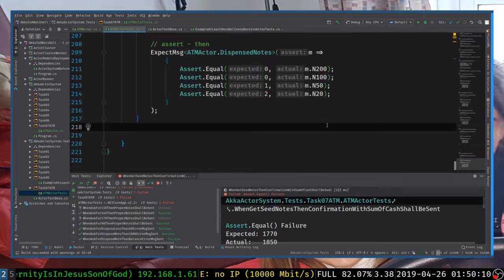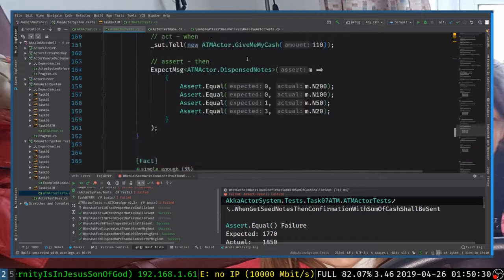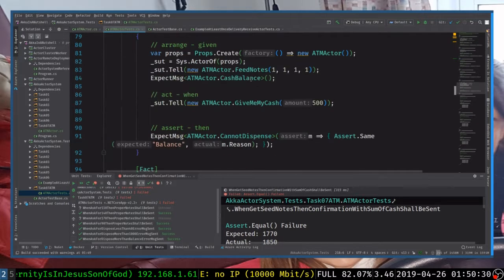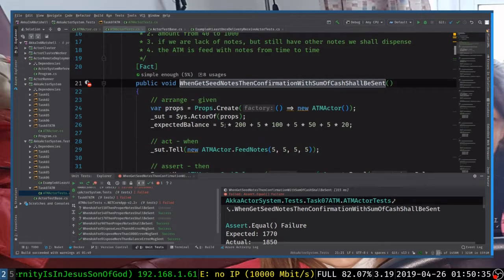So we have 1850. No, 1770. Let me check this. I'm sick. $1,500, 250.